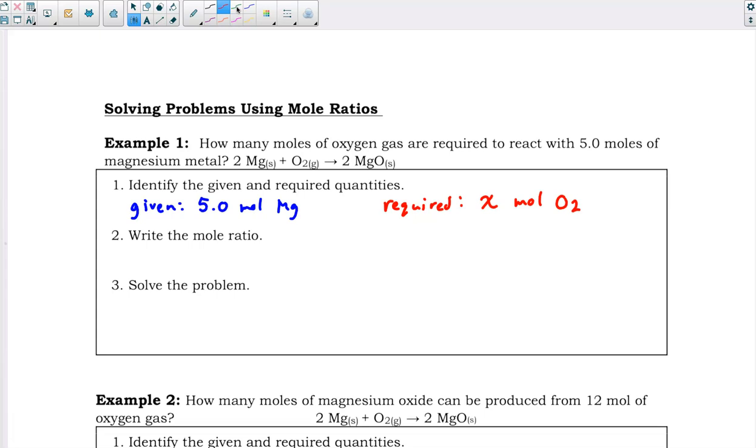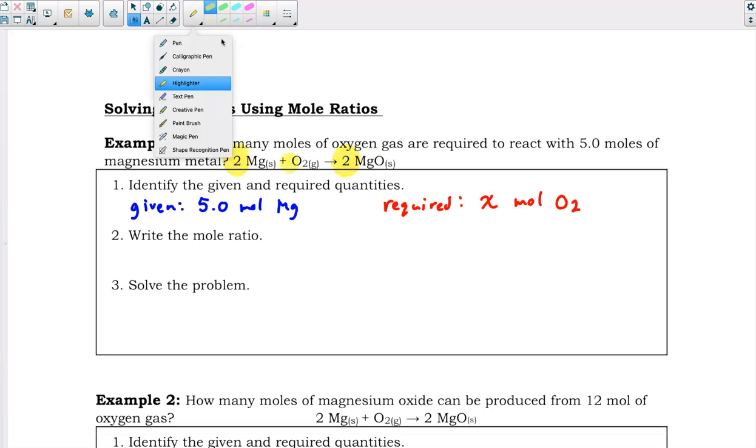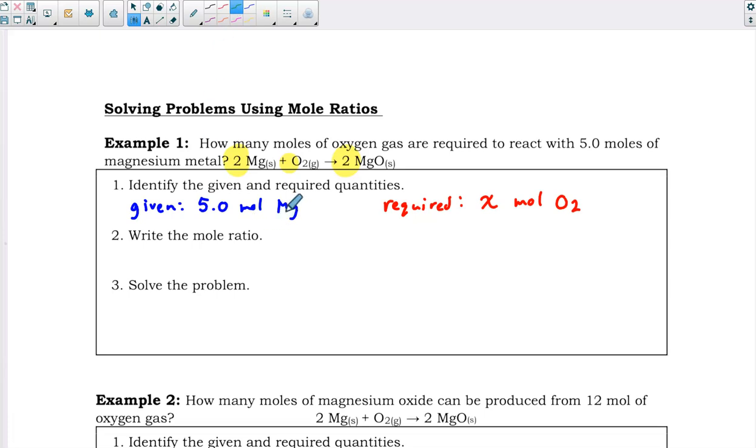Our mole ratio comes from our coefficients. You can see we have a 2, an invisible 1, and a 2. Comparing magnesium and oxygen, for every 2 moles of magnesium, we have 1 mole of oxygen.